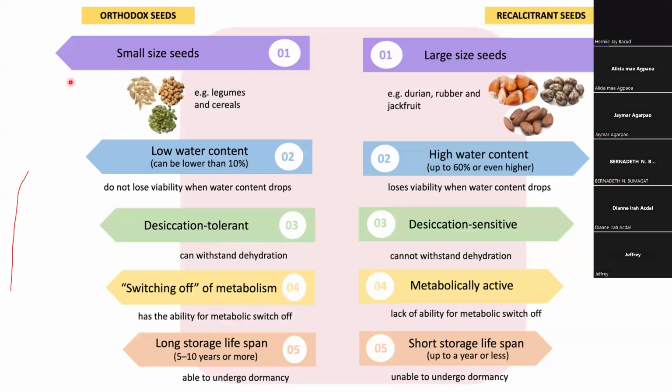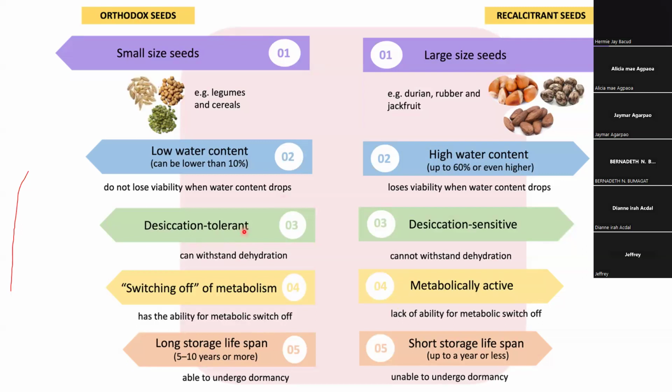So ang ating mga orthodox, mostly they are small size seeds, gaya ng ating mga legumes and cereals. Then they have low water content. It can be lower than 10% moisture content. Orthodox seeds do not lose viability when water content drops.